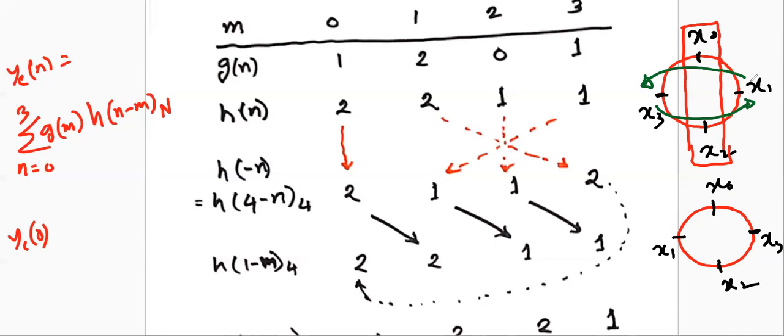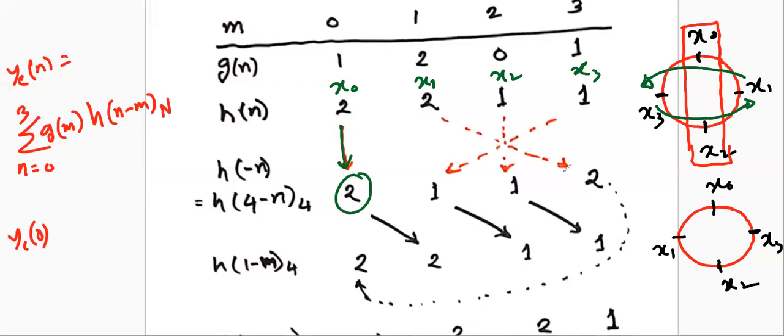Okay, and it has been shown here. If you can follow that, this is x0, this is x1, this is x2, this is x3. So x0 will remain at the same place, straightforward. What about x1?